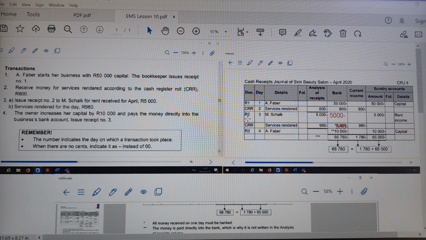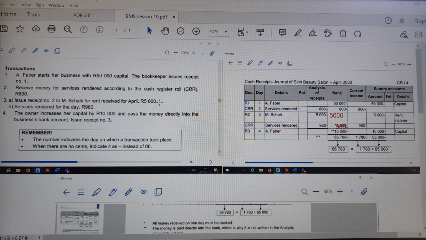And then we have transaction number 3a, we issue receipt number 2 to MSky for rent received in April. That's 5,000. Receipt number 2, transaction number 3, we got the money from MSky, and analysis of receipt is 5,000, and 5,000 rand goes into the bank.